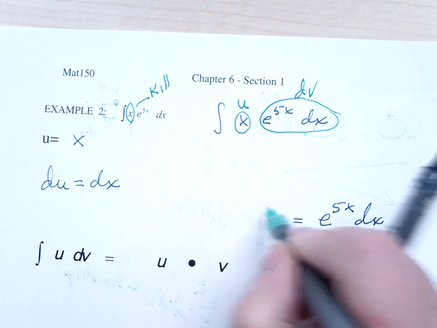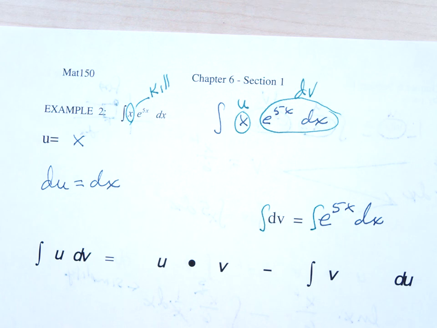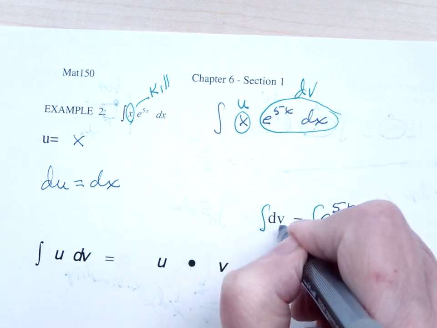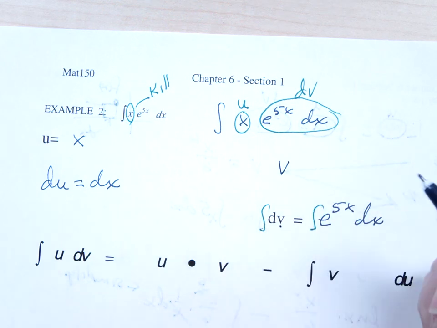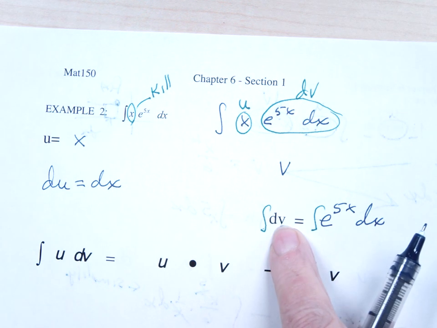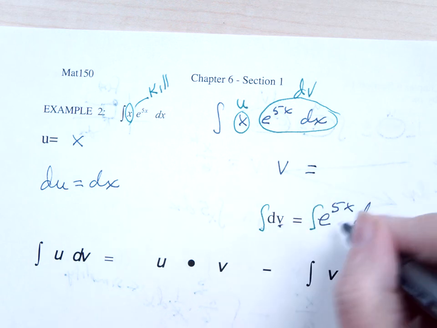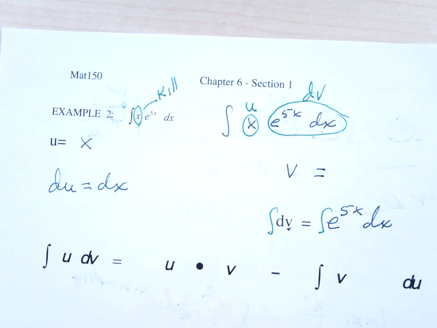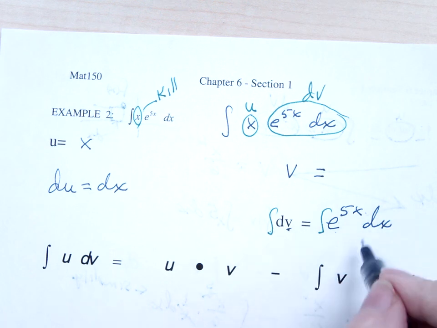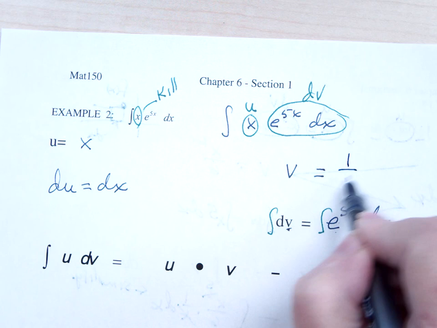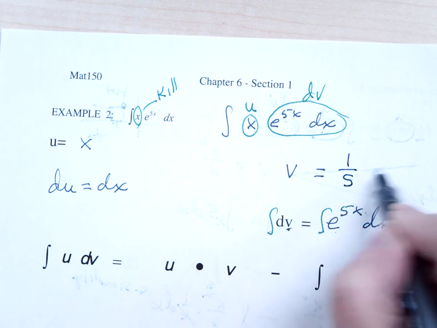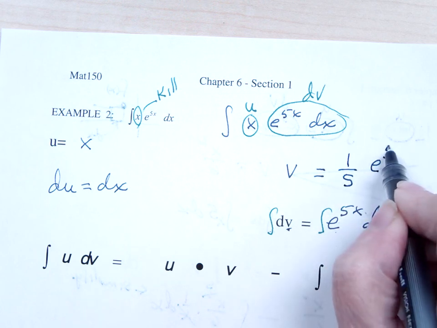And now when I integrate both sides, the integral of dv is v. That's my variable, because dv tells me that's what my variable is. And then the integral of e to the 5x, this is why they gave you as a basic, not e to the x, but e to the kx. So it says, what is the integral of e to the kx? It's 1 over k, because k is 5, e to the kx, which is 5x.